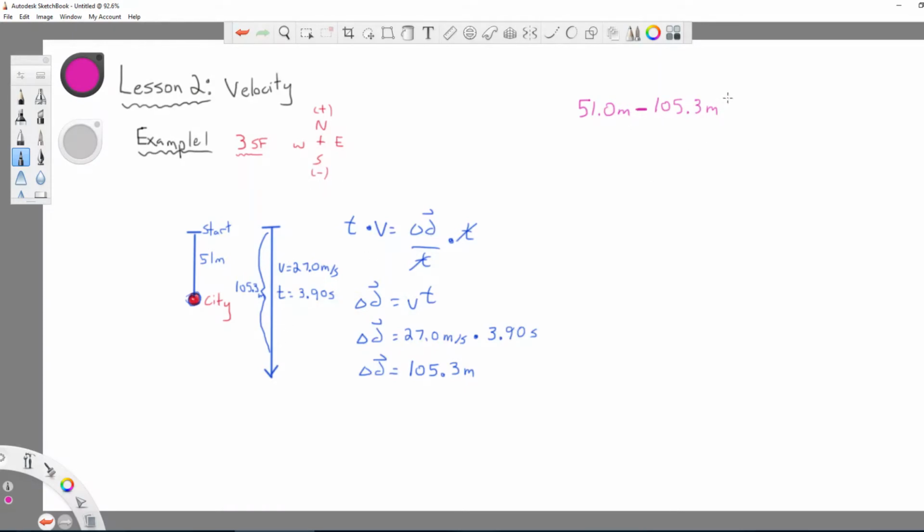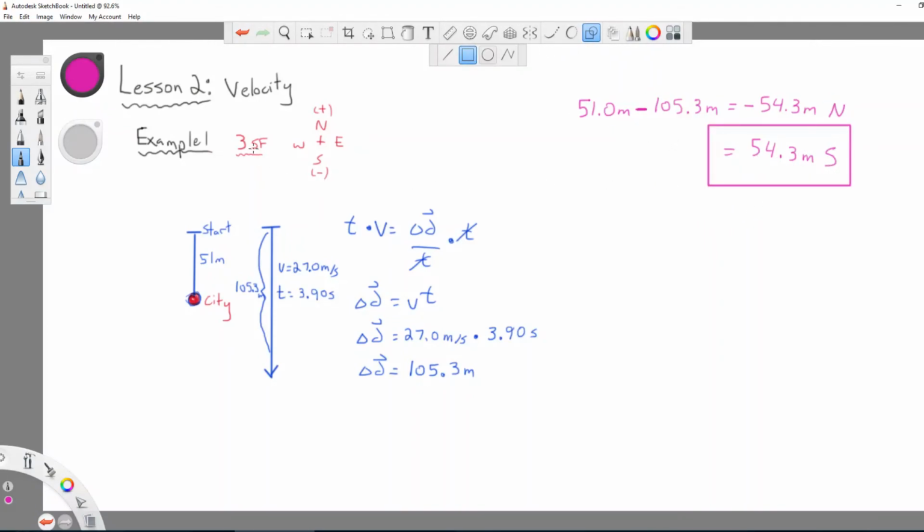So this is going to give us negative 54.3 meters. Well, it's negative 54.3 meters north. But if we flip the direction symbol, we can flip the positive negative symbol. So we're actually going to say that this value is equal to 54.3 meters south. Let's box that.